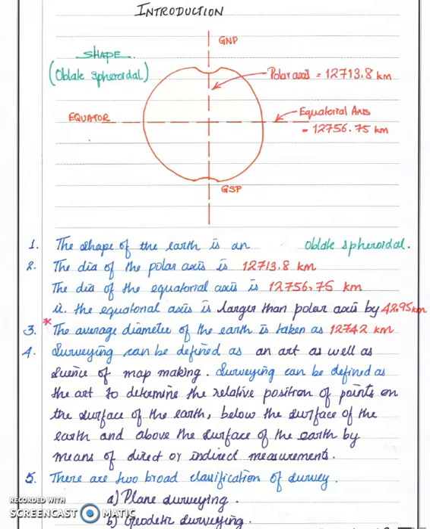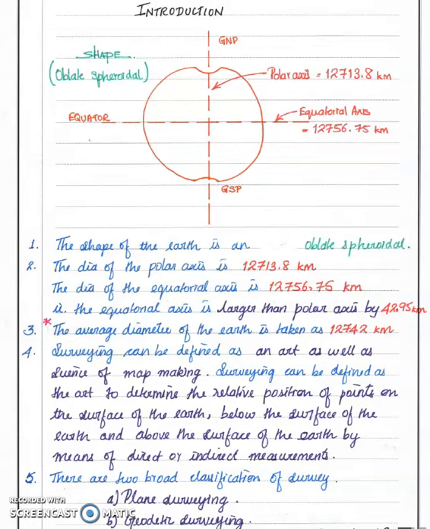Hence, plane surveying is suitable for smaller areas, which should not exceed 250 km², should be lesser than 250 km². Geodetic surveying can be used for larger areas, higher than 250 km².